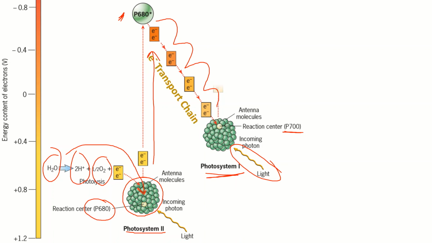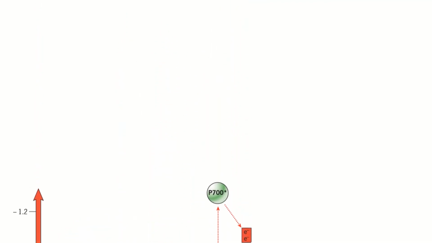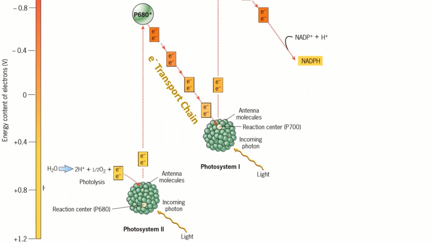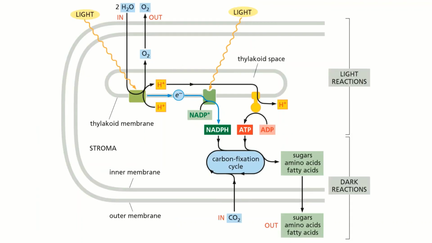That lost electron is passed, as we see here, to NADP+, which becomes NADPH, which is going to be used later as a reducing power in the production of sugar from carbon dioxide. And that's the role of the light-independent reactions, or the dark reactions.